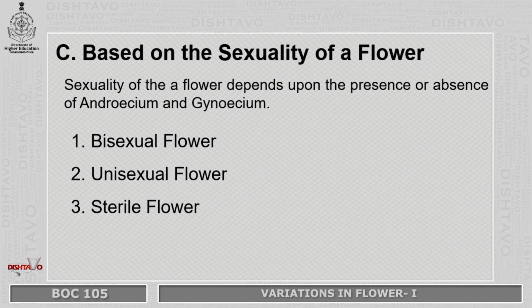Sexuality of a flower depends upon the presence or absence of the male reproductive organ, that is the androecium, and the female reproductive organ, that is the gynoecium. Based on the sexuality of a flower, there are three types of flower: bisexual flower, unisexual flower, and sterile flower.